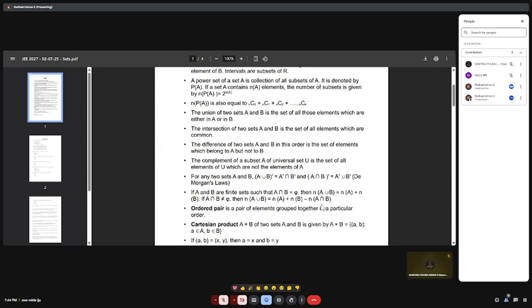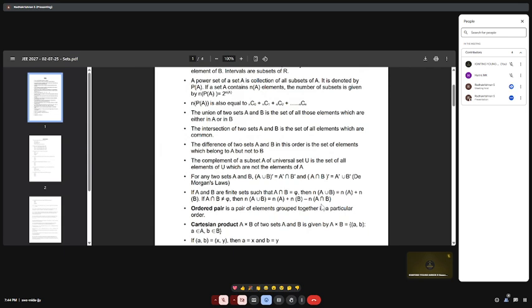Then this is an important formula. If there are two sets A and B, and A intersection B is null, that means there is nothing in common between them, and n of A union B is n of A plus n of B. N of A means number of elements in A. So the number of elements in the union will be the number of elements in A plus the number of elements in B. But if the intersection is not null, because there are some common elements, then that common element is counted 2 times when you add n(A) plus n(B).